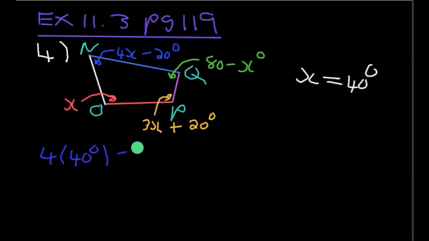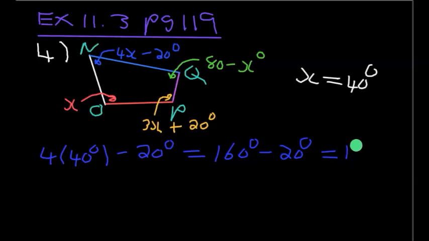And then we still have to subtract 20 degrees. 4 times 40 gives us 160 degrees. We still subtract 20 degrees, which gives us 140 degrees. So we know this angle is 140 degrees.